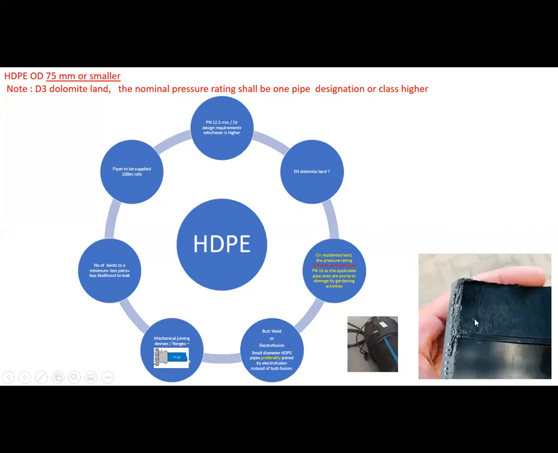That's what heats it up and joins the pipe together. Once again, no mechanical joint devices or flanges, if it is in a chamber, as an example. Forgive me, please, I'm trying to go a bit fast now. And then pipes need to be supplied in rolls of 100 meters.